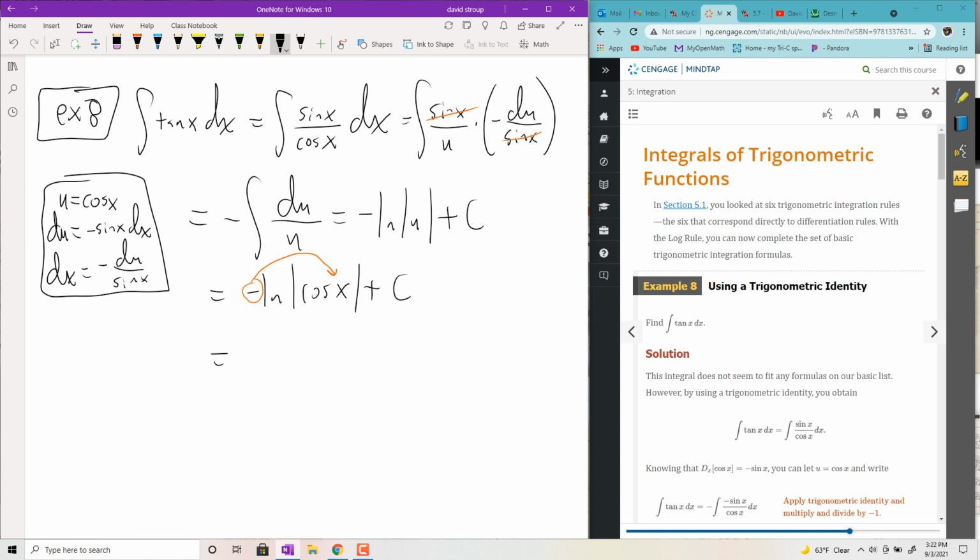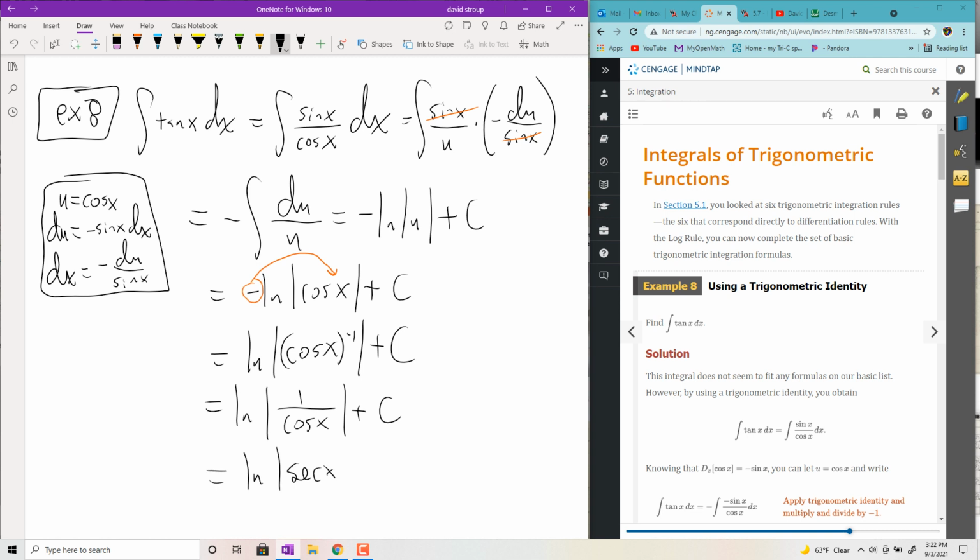And then you would have ln of the absolute value of cosine of x to the negative first power. And of course, you could rewrite that as 1 over cosine. And then you could rewrite that as just secant.